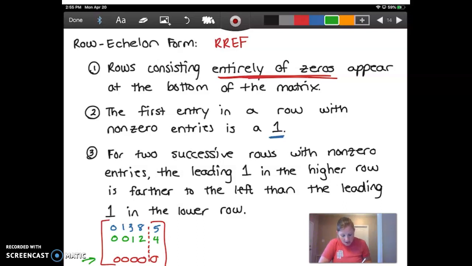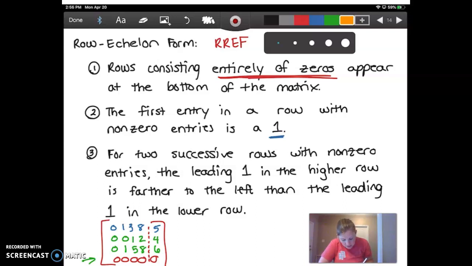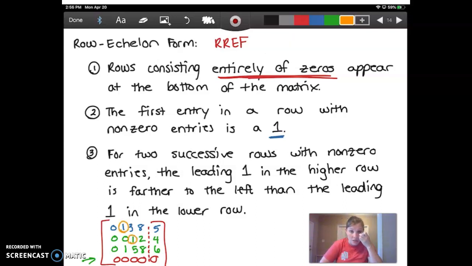But if I had another row that was 0, 1, 5, 8, 6, then it would not be in reduced row echelon form because the row that's higher up always needs to have the one that's further left. So you want to make sure that if you have 2 rows that are stacked one on top of the other, that it's always kind of moving in a diagonal up toward the left.